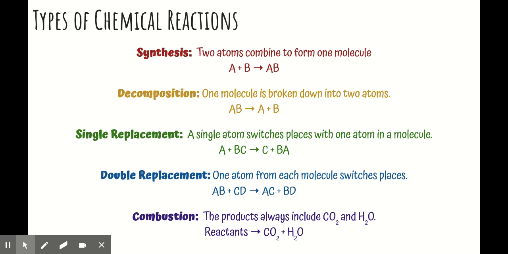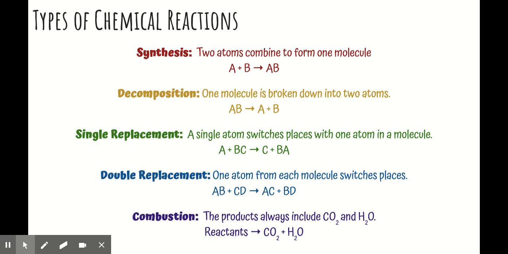Something from both sets of molecules or compounds is going to be in a new place after the reaction happens. The last one is going to be combustion. This one's a little harder to identify. You're looking for a specific set of molecules in your products. The products will always include carbon dioxide and water.